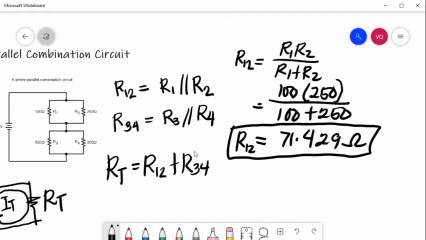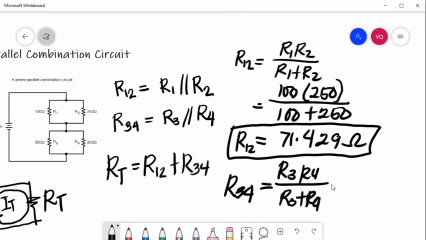Next is your R34. So R3 R4 divided by R3 plus R4.